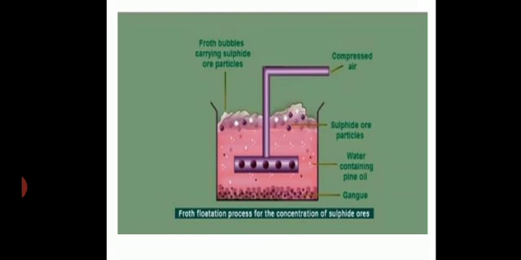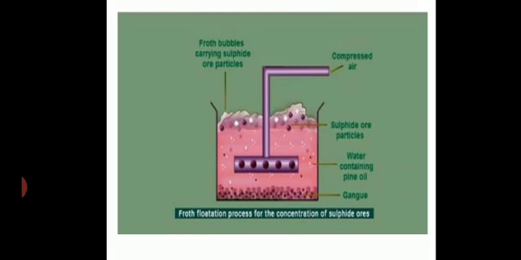Now the role of the activators is that certain sulfide ores have poor floating characteristics. This can be improved with the addition of certain activators, which are themselves sulfides of some metals. For example, zinc sulfide has a poor floating nature. Got it? It does not form froth easily. A small amount of copper sulfate is added during the froth flotation process.